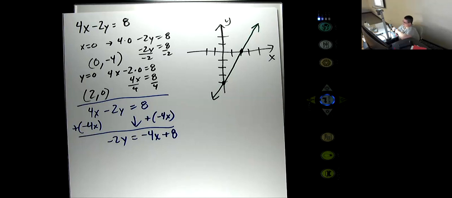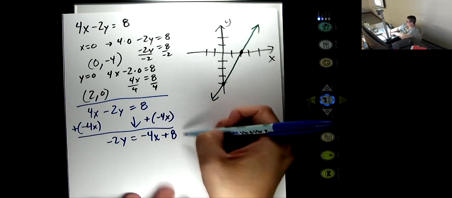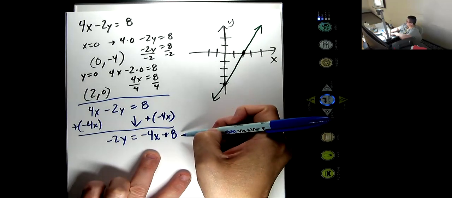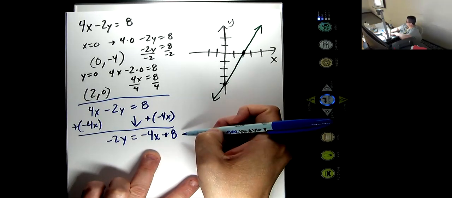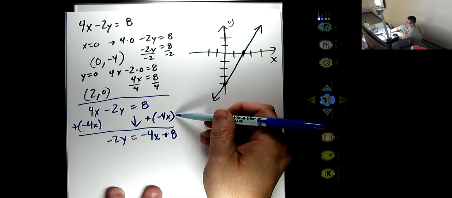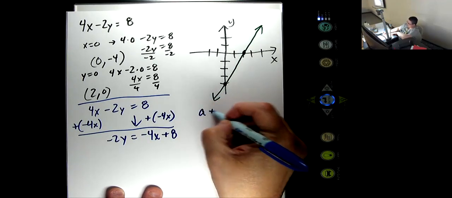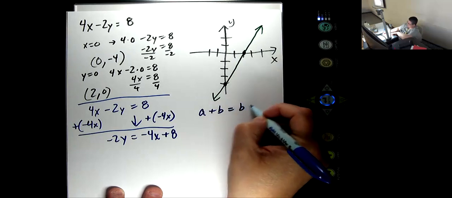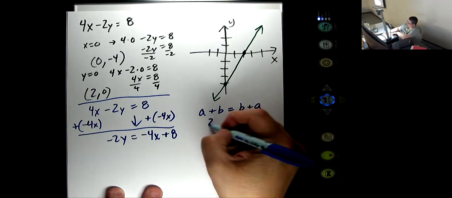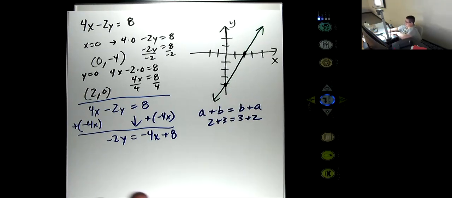The reason why is because if I do 8 minus 4x, I still write it this way. And it's dawned on me that some students may not realize why I'm adding the 8 to it. Because I'm saying subtract. But the same thing as subtracting is adding the negative. So if I add two numbers, like a and b, it's the same thing as b plus a. Like 2 plus 3 is the same thing as 3 plus 2.